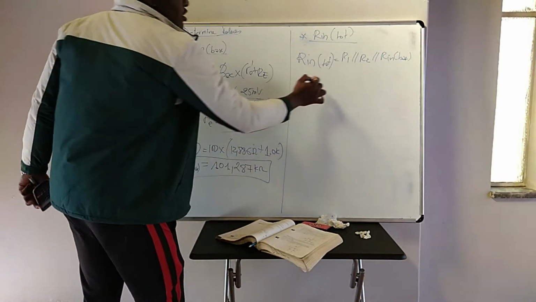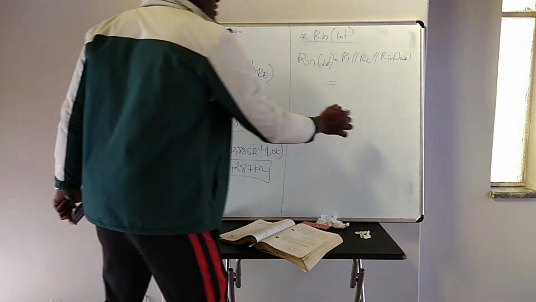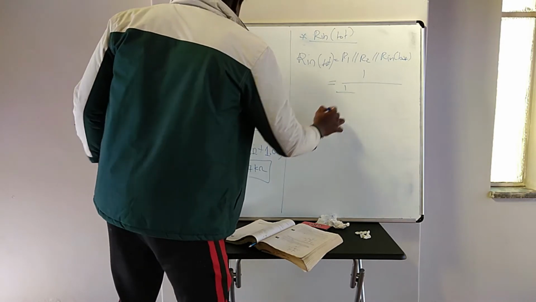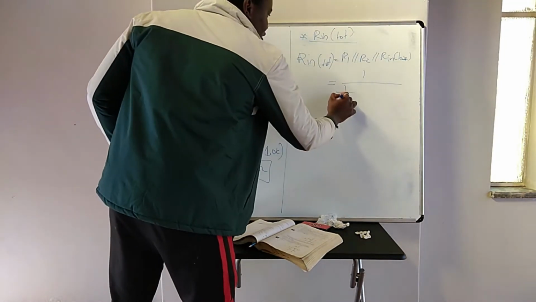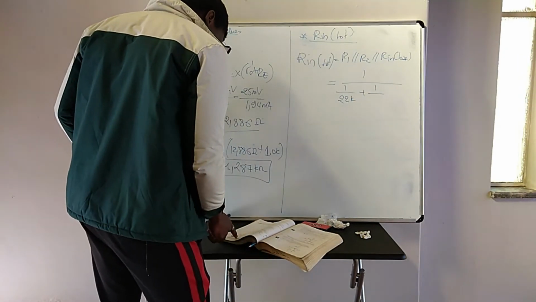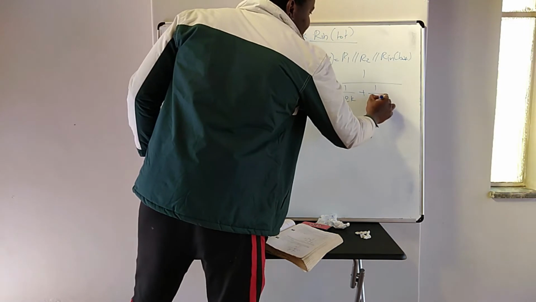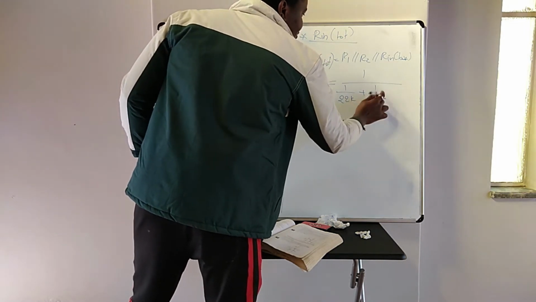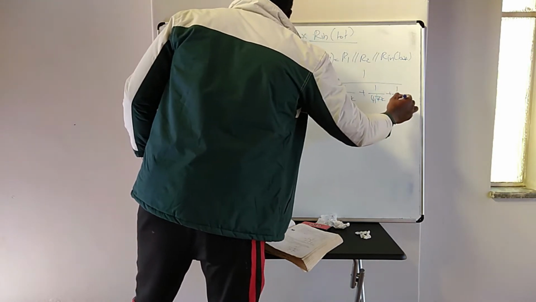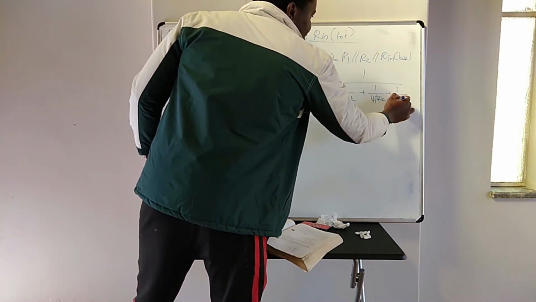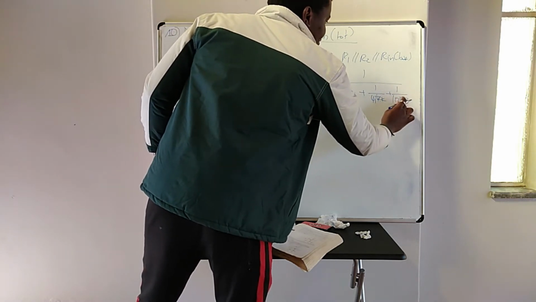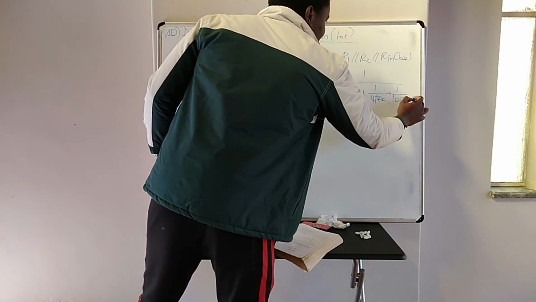So it's going to be equal to 1 over R in base, then 1 over R1, which here is 22K, plus 1 over R2, which is 4.7K, plus 1 over 101.287K.